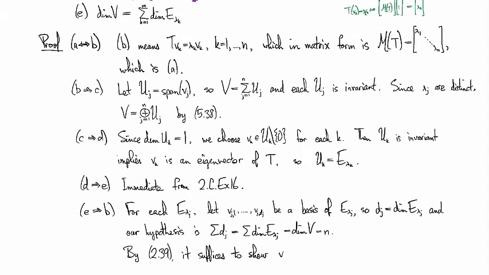is independent. So for E lambda 1, we have V11 through V1D1.